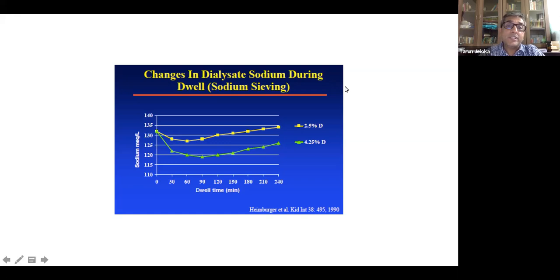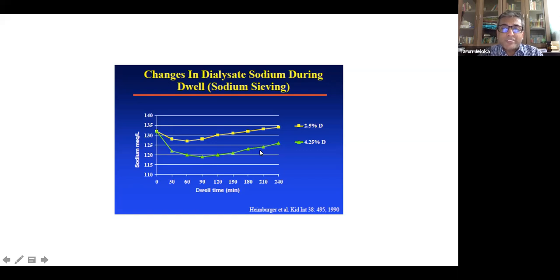As you can see, this yellow line represents 2.5%. At 60 minutes, the sodium level goes down to the minimum. And gradually, as the small pore starts working, again the sodium level goes up and it may come up to the previous levels. When you use a higher concentration, 4.25%, the minimum sodium concentration may be achieved between 30 to 60 minutes and can prolong up to 90 minutes as well. And then gradually it again picks up.